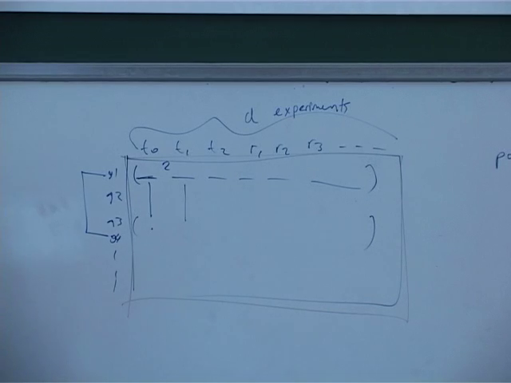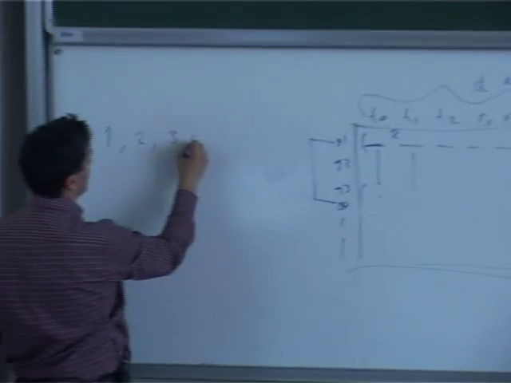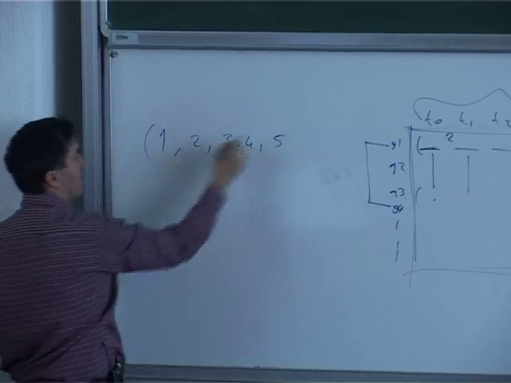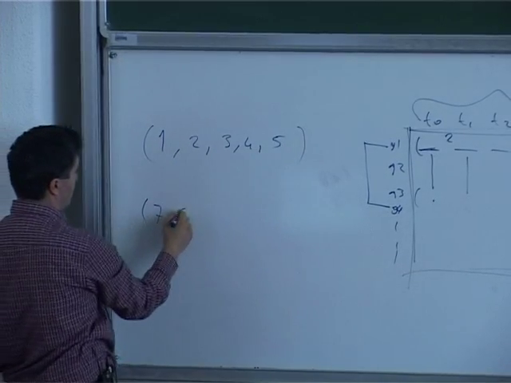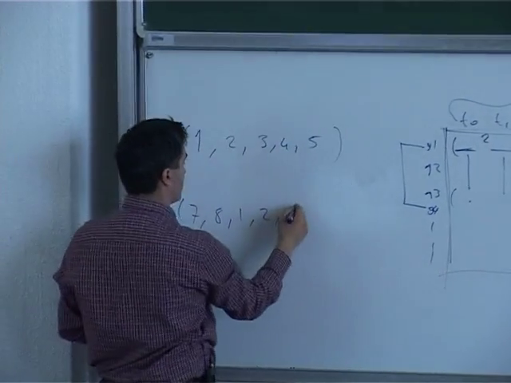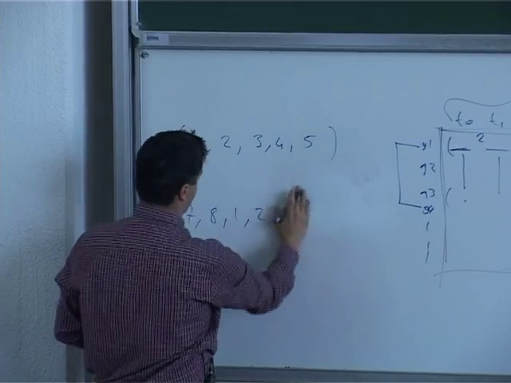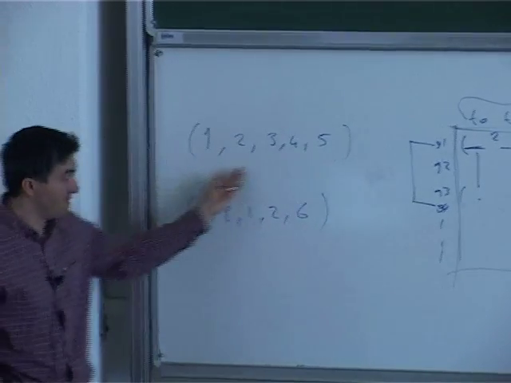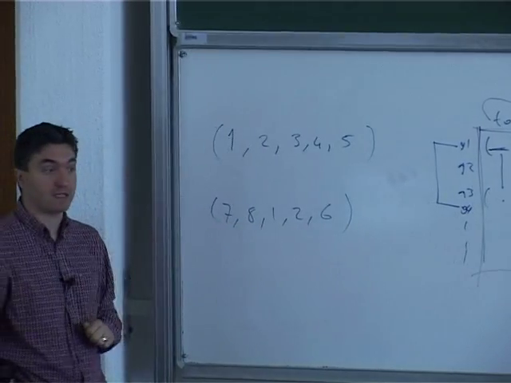For example, if I have 1, 2, 3, 4, 5 for one gene, and 7, 8, 1, 2, 6 for the other gene. They need to have the same dimension in order to compute the Euclidean distance.